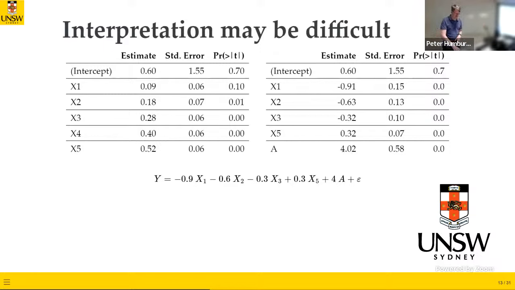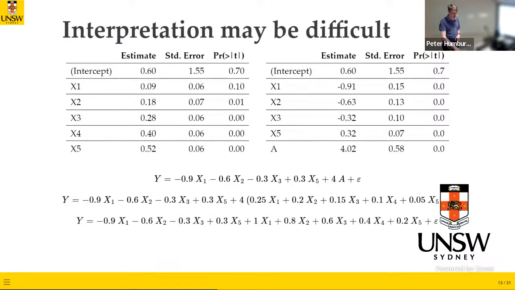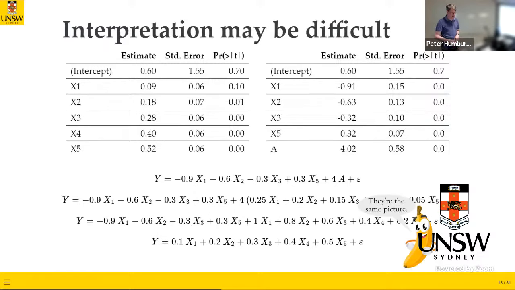Remembering how I defined A, you can plug that in and then simplify it. And you will find that actually this is exactly the same, right? It's still telling you this is 0.1 times x1 plus 0.2 times x2.